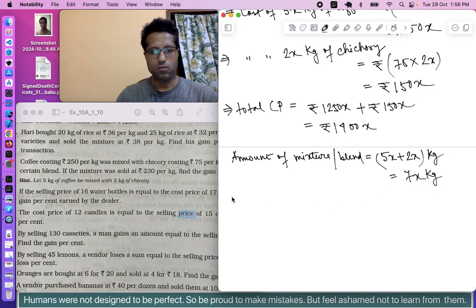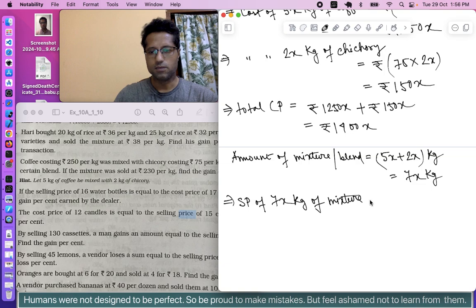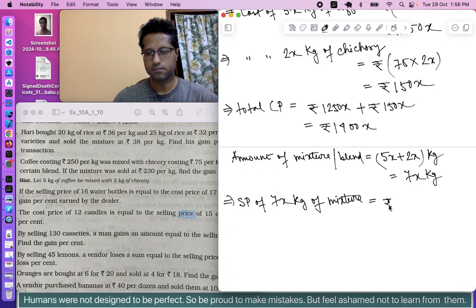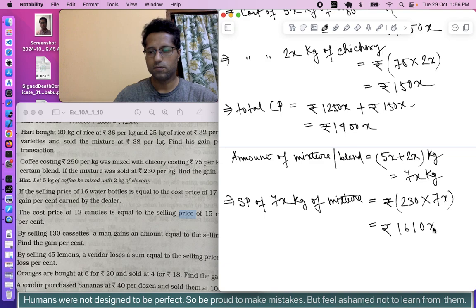This implies the selling price of the mixture is 230 multiplied by 7x, which is equal to rupees 1610x.